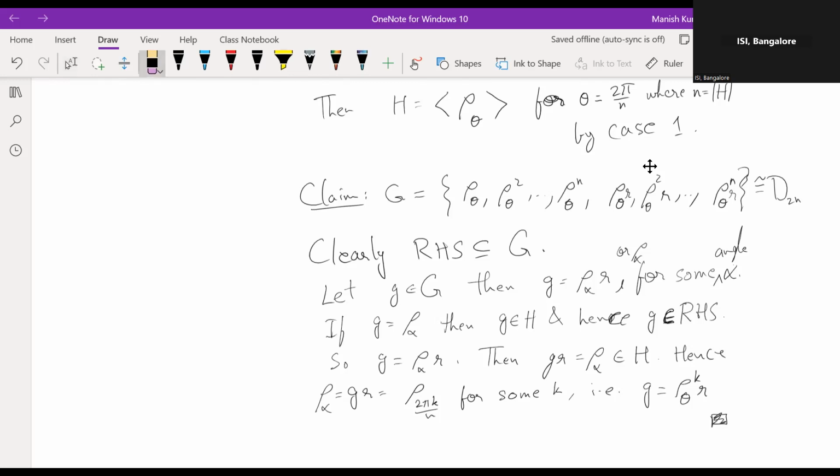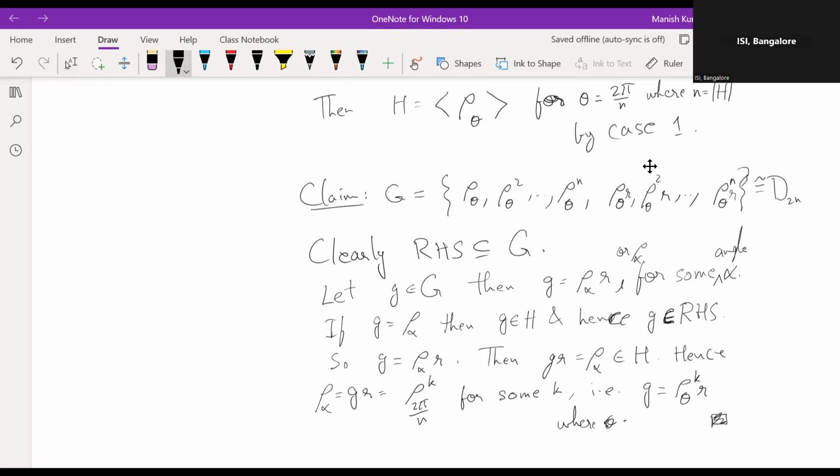Hence we see that rho alpha, which is GR, is going to be, I've written it in a somewhat funny way. So maybe I should write it as 2 pi over n times k for some k, where we call theta 2 pi over n.